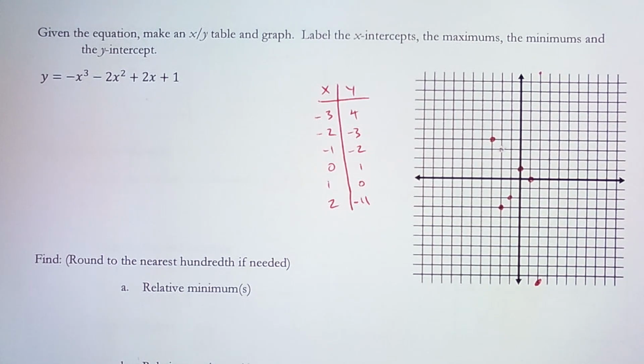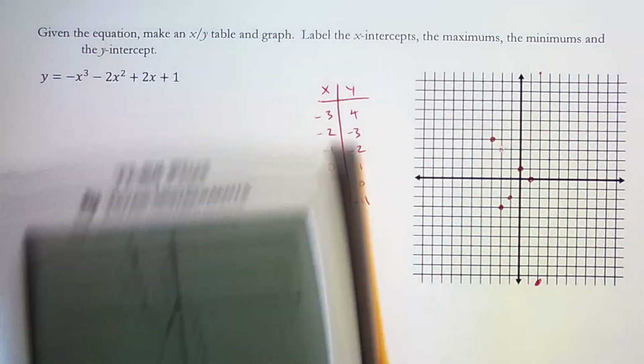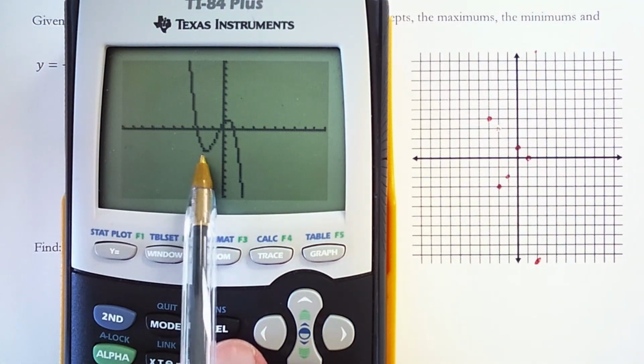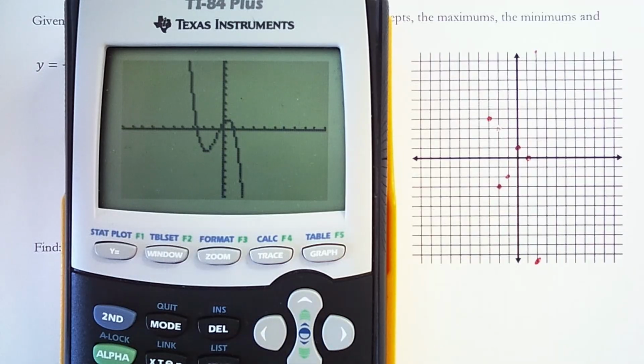Now, in order to graph this precisely, I think we need to figure out exactly where our minimums and maximums are. So on our graph, I've got a relative minimum right here, and I want to calculate that.